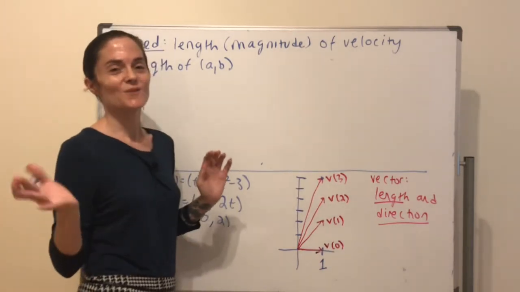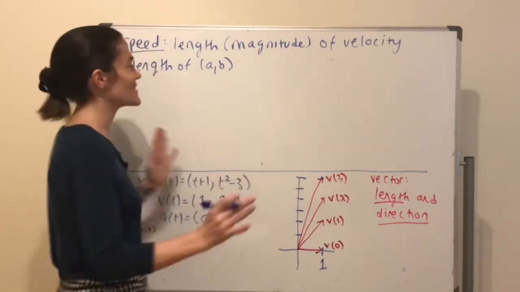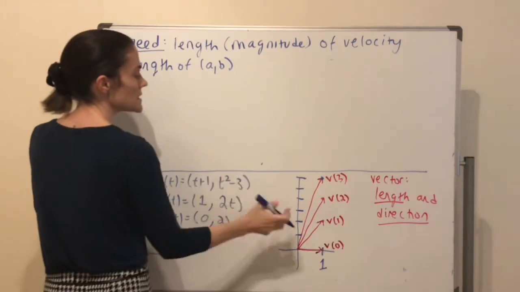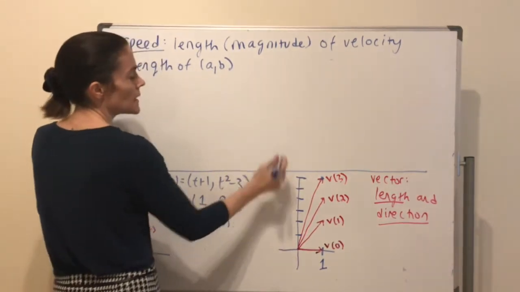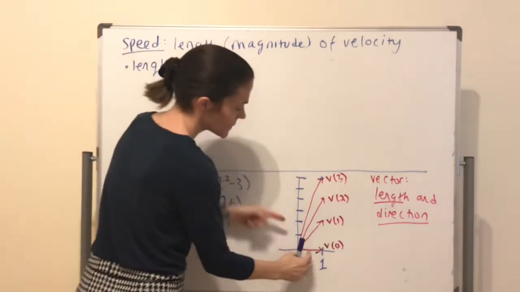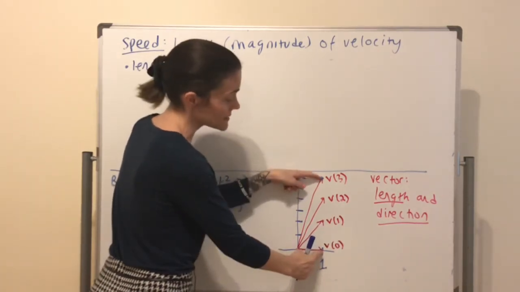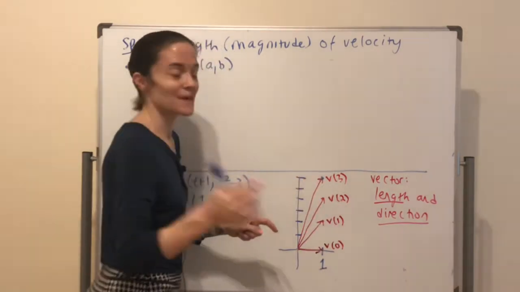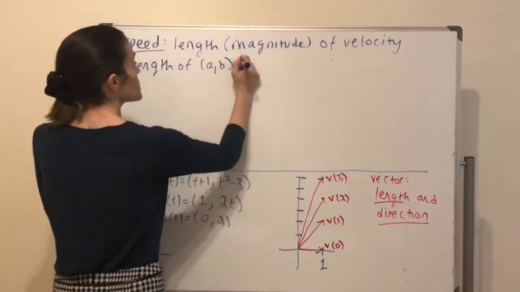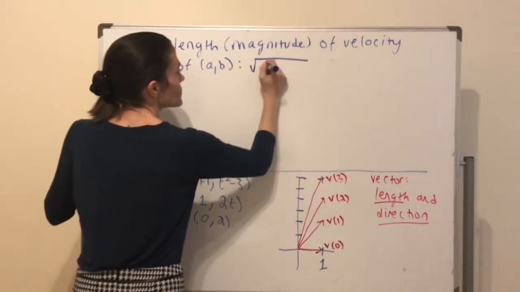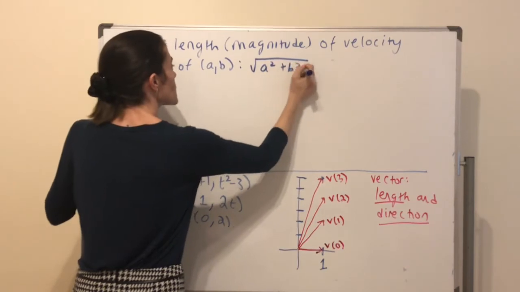You will see this throughout calculus 1, 2, and 3, okay? But the length of this vector, well, this is a, this height is b. If you think Pythagorean theorem, this hypotenuse, the length would be the square root of a squared plus b squared.